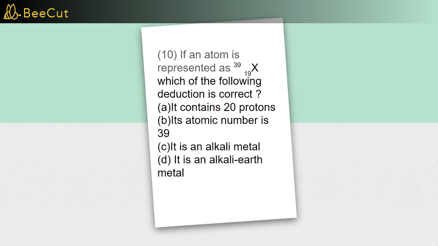Its atomic number is 39? No. The mass number is 39. C, it is an alkali metal. Yes, it's an alkali metal because it's in group 1. D, it is an alkaline earth metal? No. The correct answer is option C.